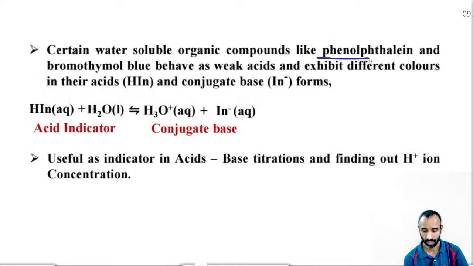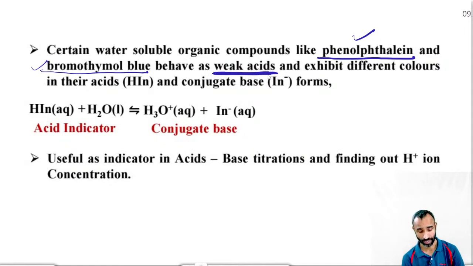See, there are water soluble organic compounds like phenolphthalein, bromothymol blue, even methyl orange. Phenolphthalein and bromothymol blue are weak acids, and therefore they exhibit different colors in their unionized form and ionized form.